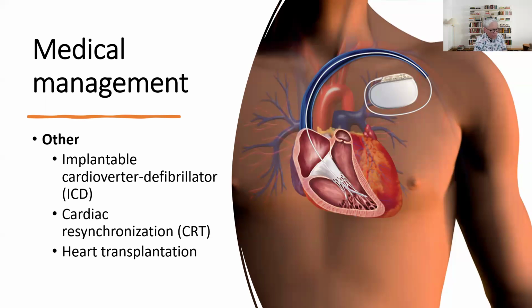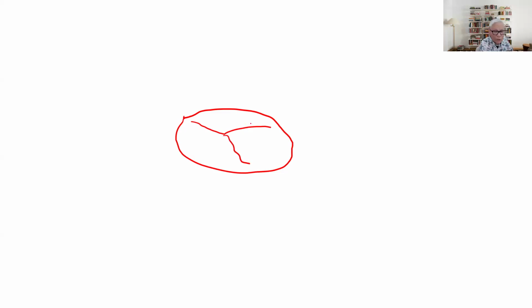And the other thing is cardiac resynchronization therapy. Okay, so what is that? Now, normally, let me just illustrate that here. When we have a normally sized heart, like for example, like this, whenever the right side beats, the left side beats as well. So they're synchronized.